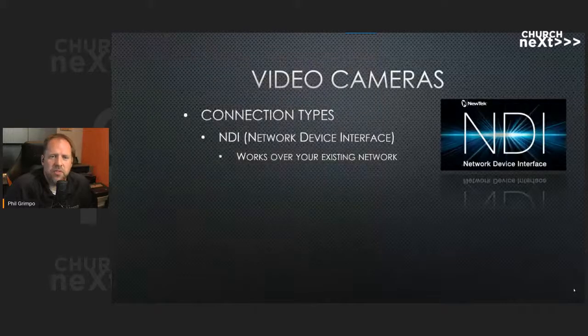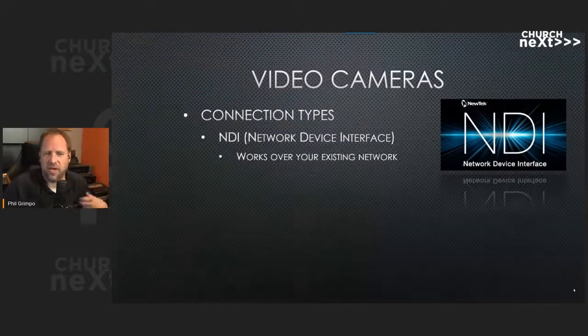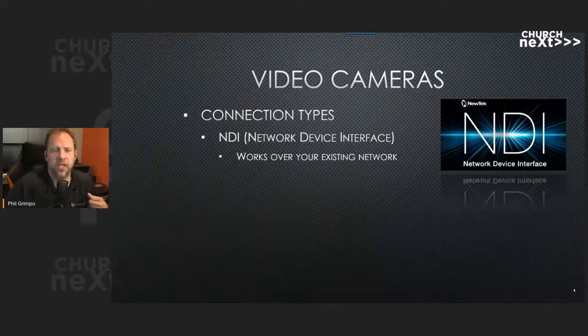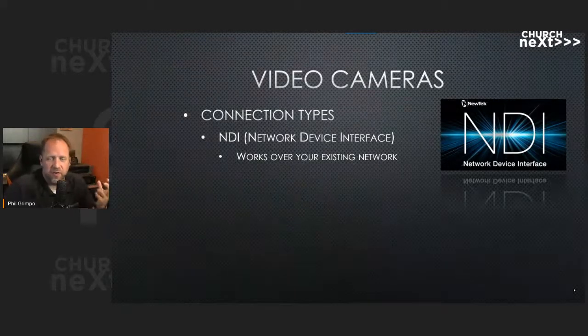And it happens to work right over your network. So if you have Cat5 cables laying around with RJ45 ends on them, you can plug in a different device, get it through your network. This is especially great in campuses like universities, churches, schools, where you maybe already have an existing gigabit or 10 gigabit infrastructure. Any port on the wall can be a video port.